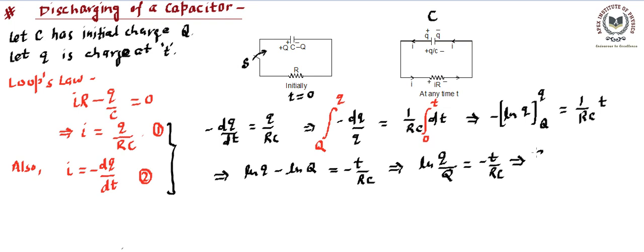So small q upon capital Q is equal to e raised to power minus t upon RC. Finally, small q is equal to capital Q e raised to power minus t upon RC.